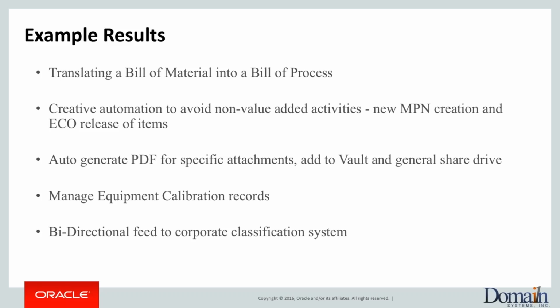Creating automation to avoid non-value activities in relationship to creating declarations. So, for example, when a new manufacturer part number is created, if it doesn't exist already, obviously if it's new, it doesn't exist in Agile, it automatically generates the declaration of compliance and prepares it and attaches that manufacturer part onto that declaration so that you're not having to go through the manual activities of building that record, finding the manufacturer part, associating it, and then sending it off to the compliance manager.